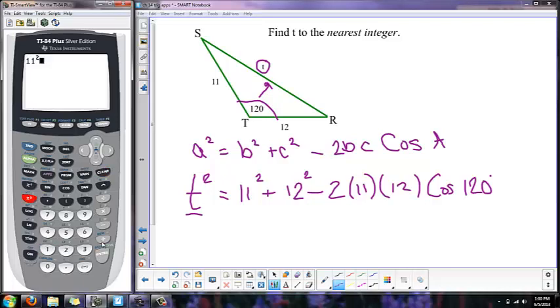So I'm going to type in 11 squared. Make sure that you are in degrees when you're doing this because I have cosine of 120 degrees.